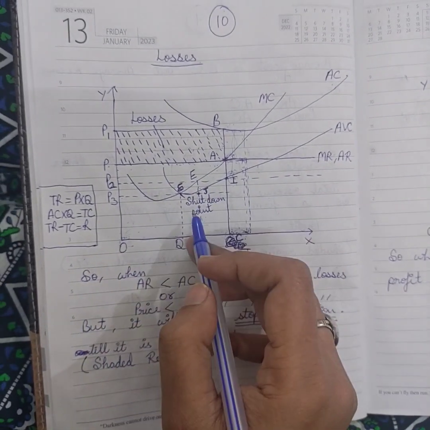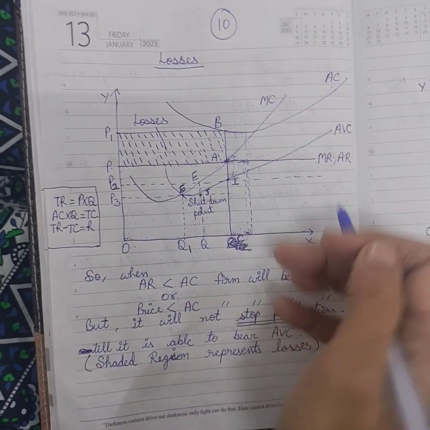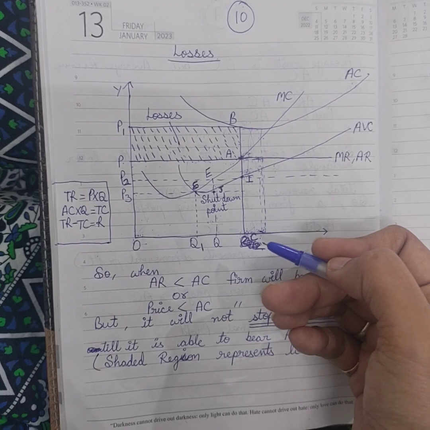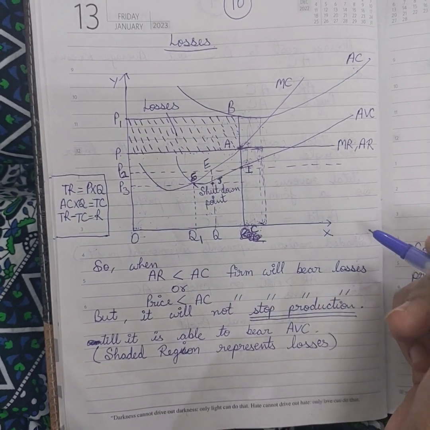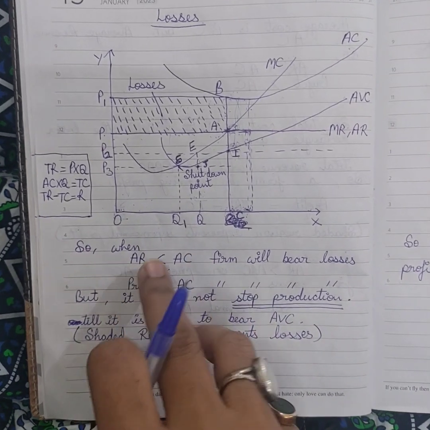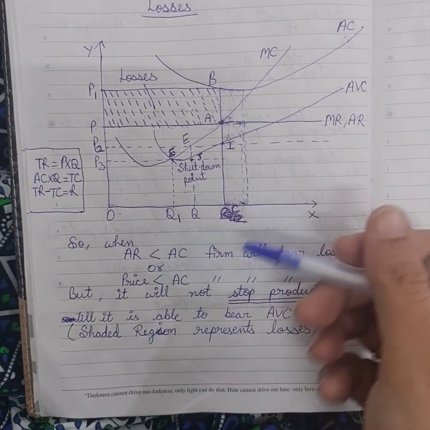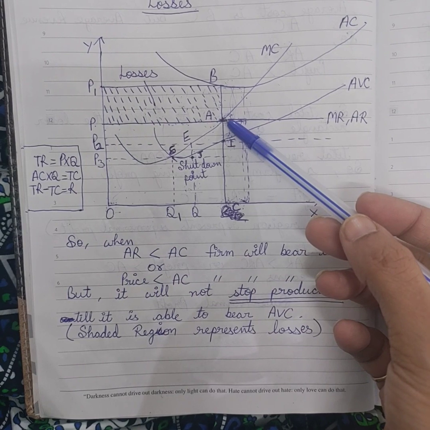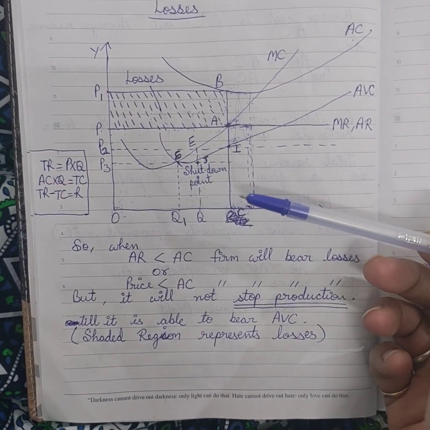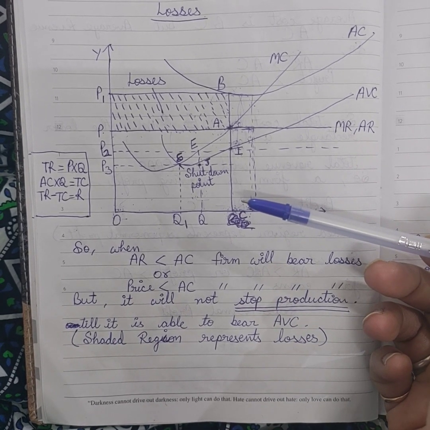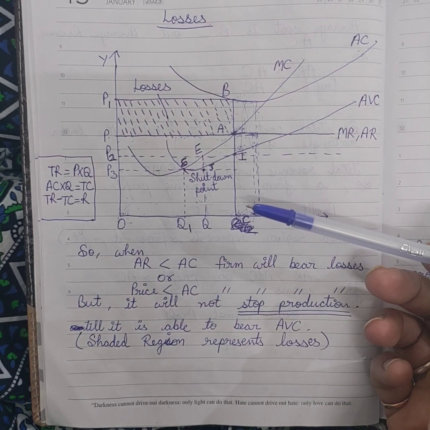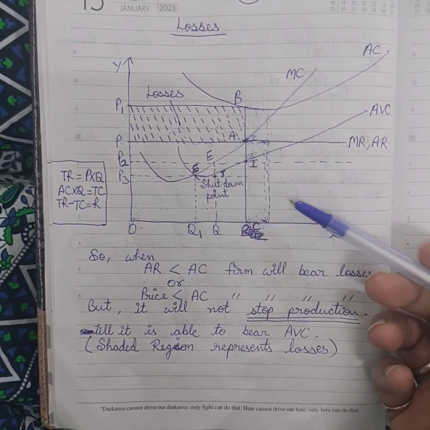But if our firm stops production, it will not be able to cover total fixed cost, right? If it stops production, will it be able to cover total fixed cost? No, it will not. Average variable cost is not recoverable if the firm stops production, but fixed cost will still be there, correct?